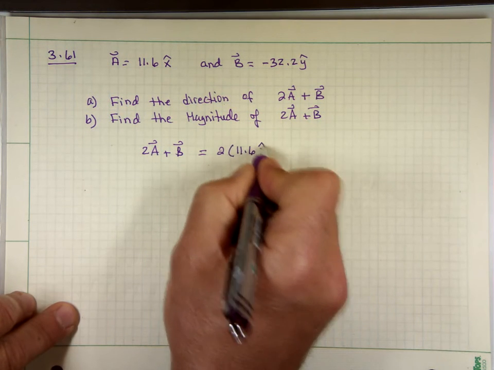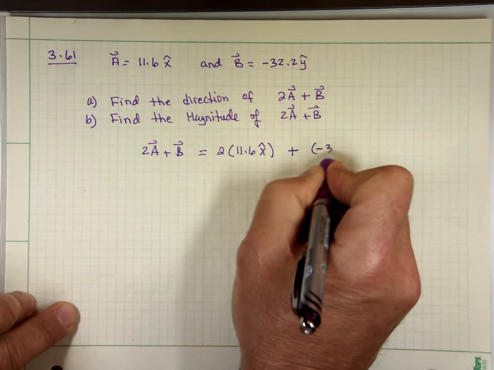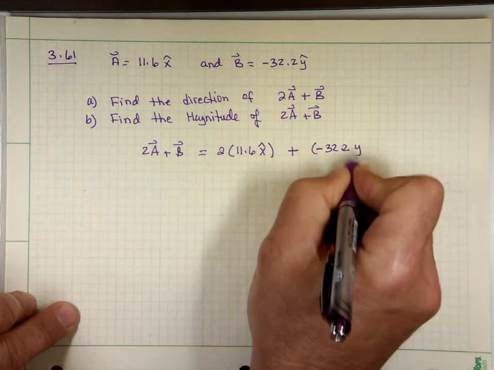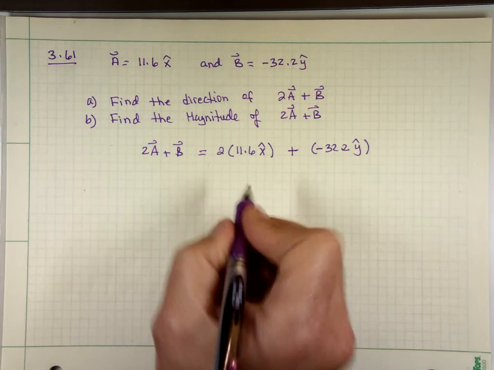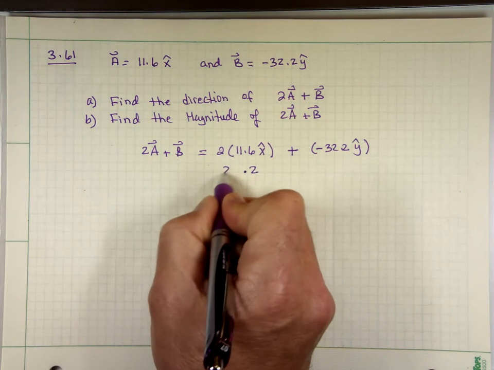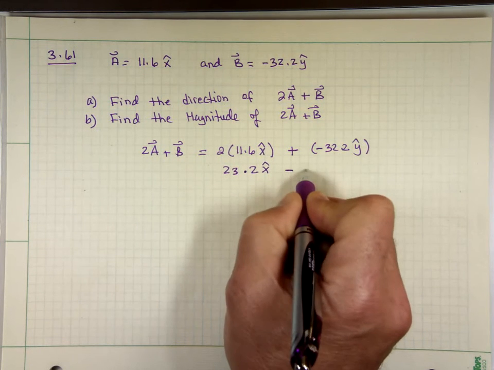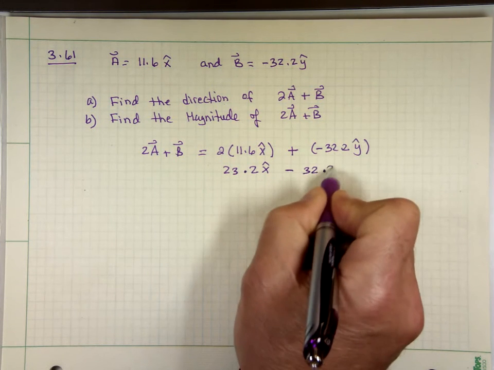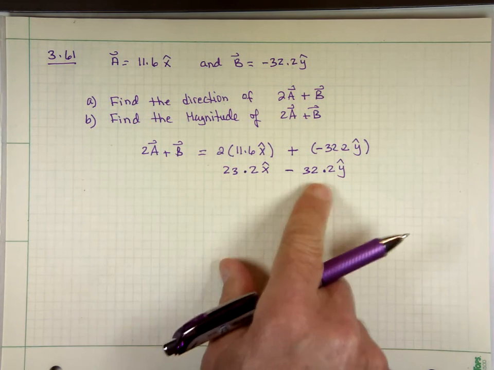And add to it B, which is what? Negative 32.2 in the y direction. Two times 6 is 12. 2 times 11, 22. That's 23.2 in the x direction. And this will be minus 32.2 in the y direction. This is the result in x, that's the result in y. That's really what you're looking at.